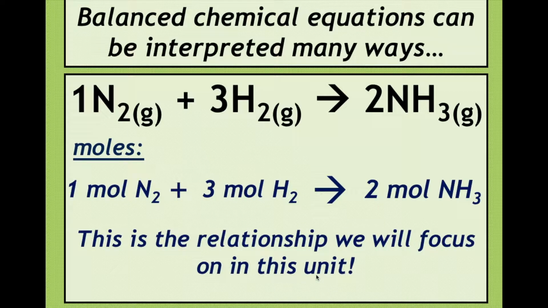So this is what we're going to focus on in this unit, this mole relationship. So for example, if you only have half of a mole of nitrogen, then you'll have 1.5 moles of hydrogen reacting, and then you will be able to make 1 mole of ammonia.